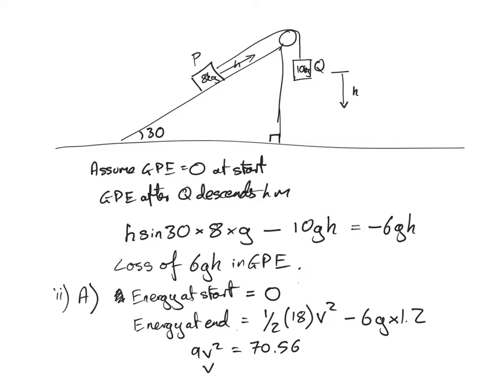So v equals exactly 2.8, which is always an indication that you're on the right lines. Okay.